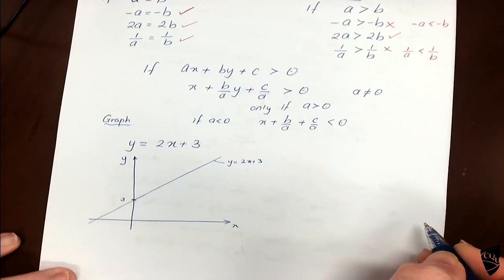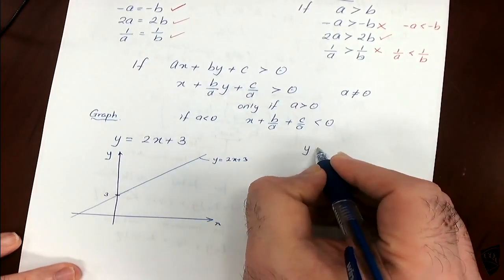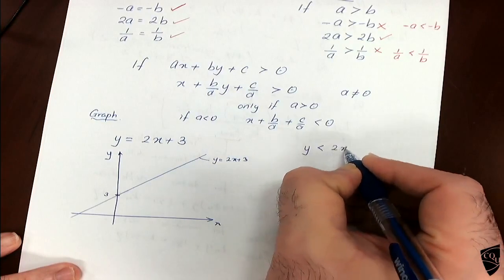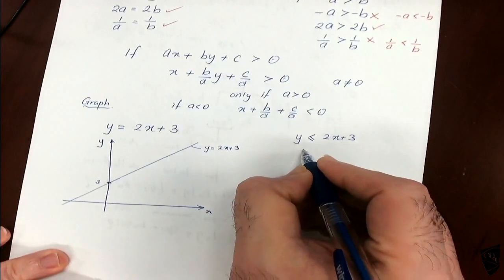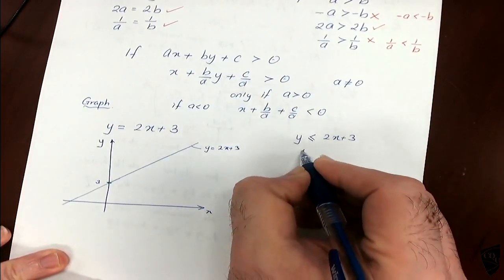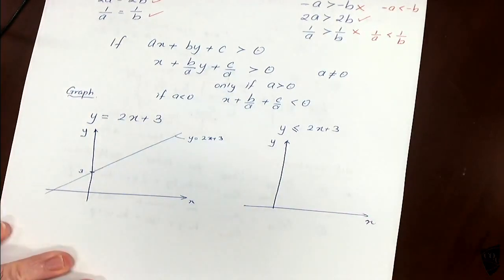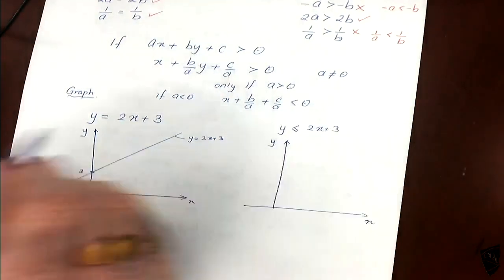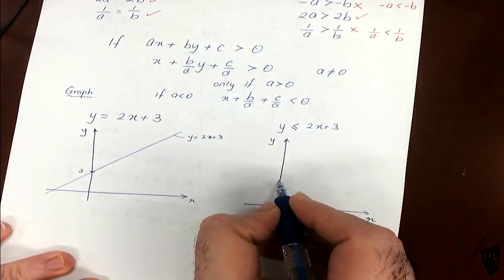And if I say y less than or equal to 2x plus 3, and I ask you to draw that, what will you do? First draw the line.